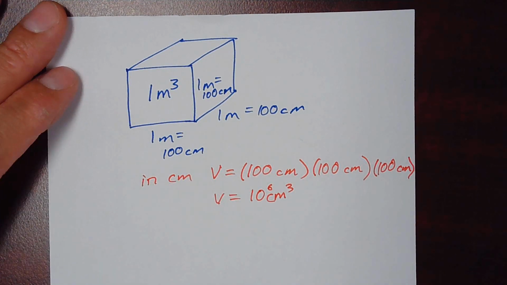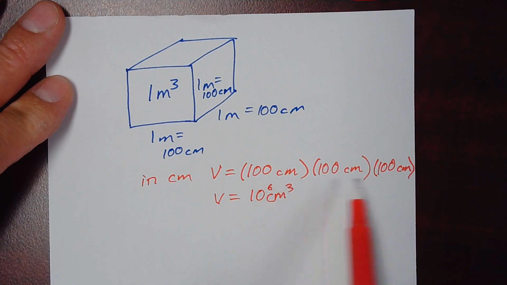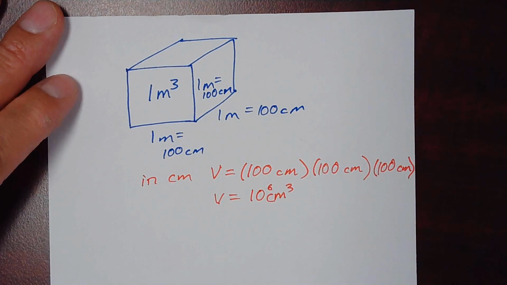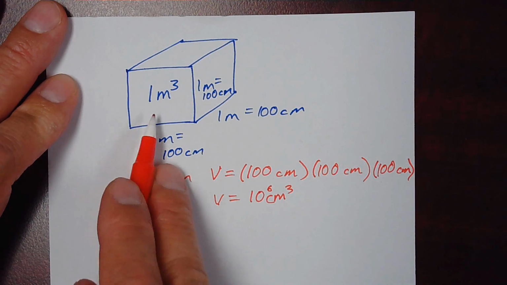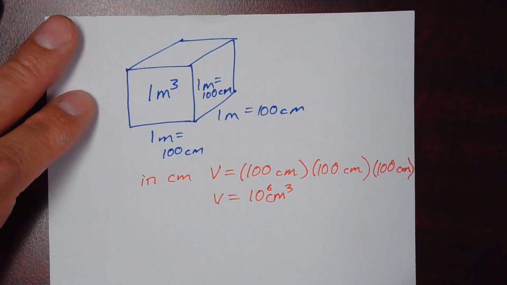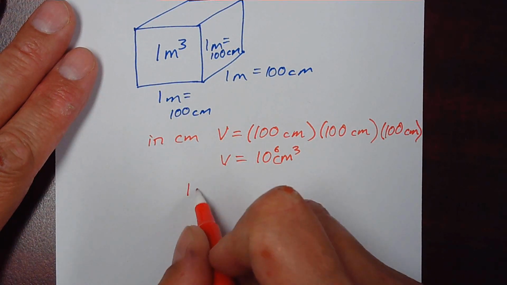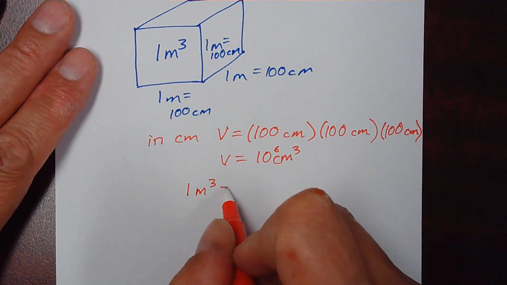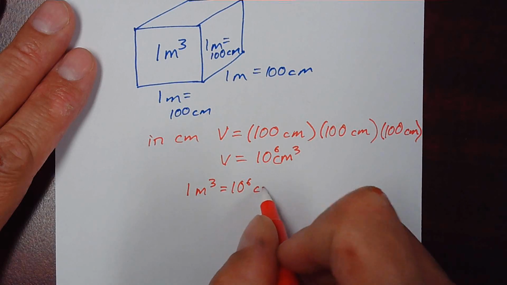Because we've done centimeters times centimeters times centimeters, which gives you cubic centimeters. In general, when you're multiplying and dividing, whatever you do to the numbers, you also do to the units. So we cubed 100, we also cubed the centimeters. All right. But it's still true that this is a 1 cubic meter object. So the volume in cubic meters is 1 cubic meter. The volume in cubic centimeters is 10 to the 6th cubic centimeters.